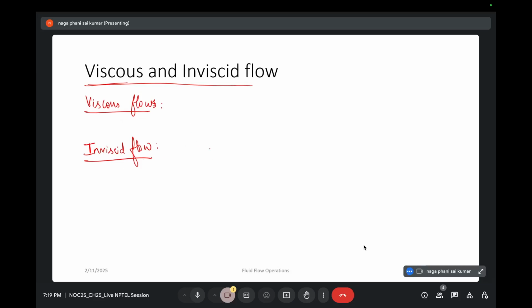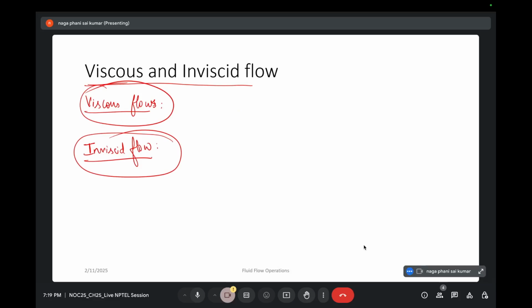If in a particular flow you cannot neglect viscous forces because they have a significant impact on the flow of the liquid, then they are called viscous flows. And if a flow is not affected by viscous forces, that means you can neglect them without any effect on the flow of the fluid, then they are called inviscid flows.